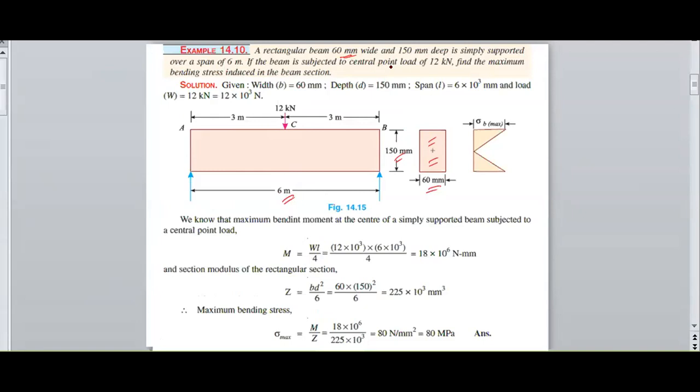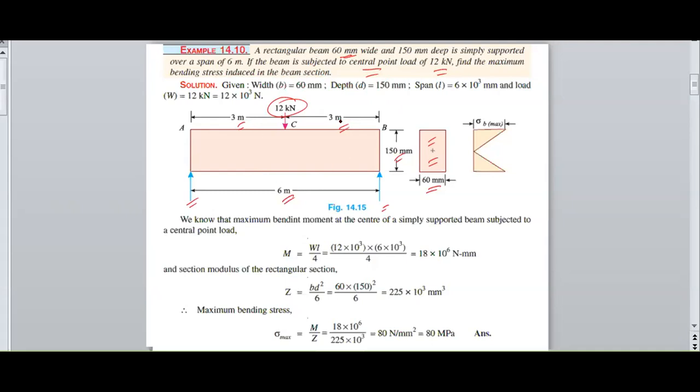It is subjected to a point load of 12 kilonewton at the center of the beam, that is, 3 meters from each of the supports. Find the maximum bending stress induced in the beam cross section.